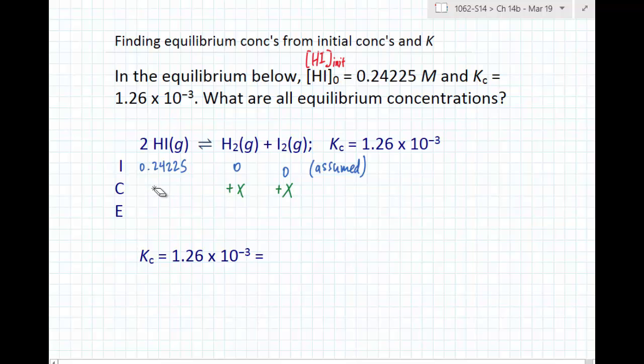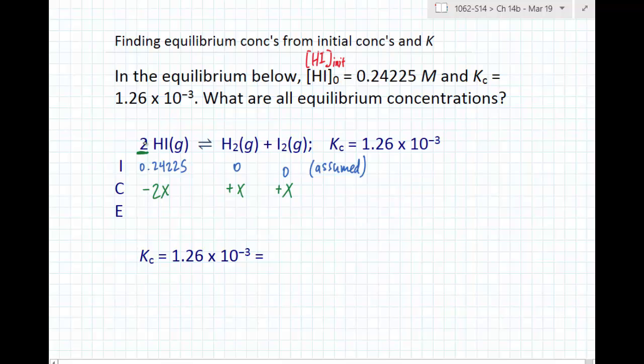What about HI? How is its concentration going to change as it goes to equilibrium? It will decrease. How can we put it in variable terms like that? It is minus 2x. Why is it minus 2x? Because of the coefficient. Because every one H2 we make requires 2 HIs.